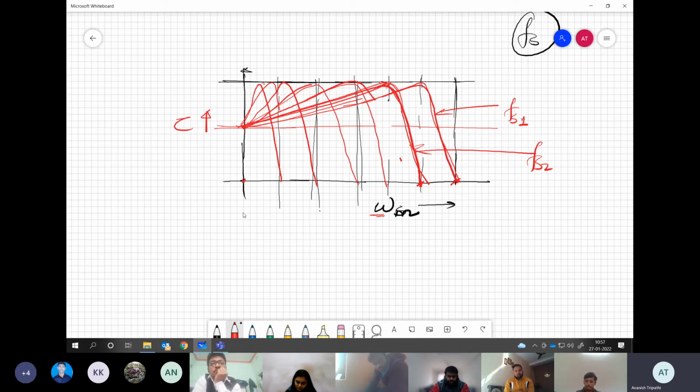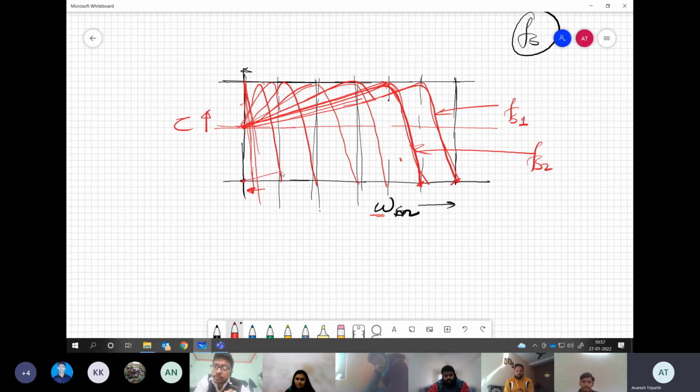Now, if we can reduce this starting frequency to a very low value, effectively it will become like a straight line, something like this. It's just there, say 0.1 hertz, 0.2 hertz. It is just this straight line part. Now you can have any load.